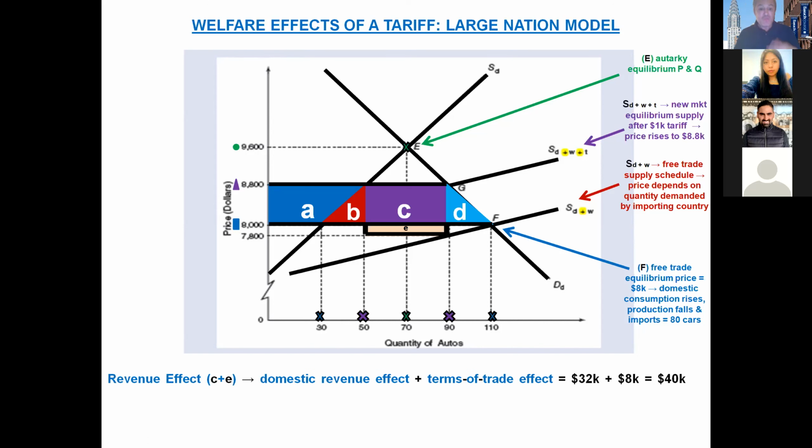And now we have the revenue effect here, which is the domestic revenue effect, which is the collection of the duty, the tariff cost, plus the terms of trade effect. The terms of trade effect is the $200 that's being absorbed by the foreign exporter. So we have the $32,000, which is C, and then the $8,000, which is the terms of trade effect, gives you $40,000.